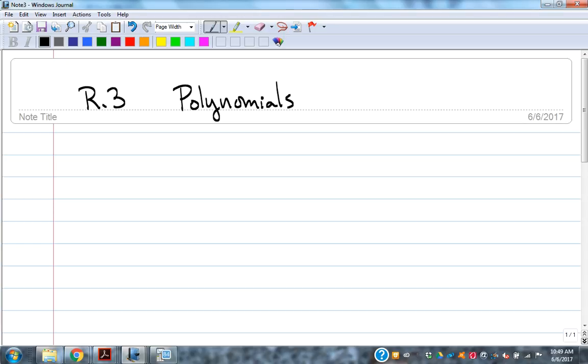We're going to mainly focus on some basic things in R3 in this first section about polynomials, and it involves simplifying and stuff like that, adding, subtracting, distributive property, things like that. But then we'll go a little further in a couple of weeks.